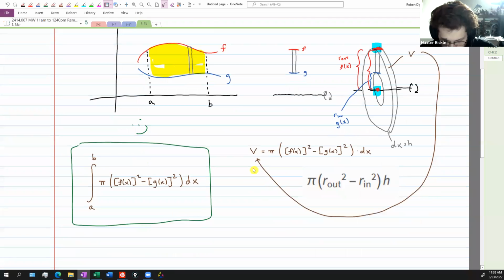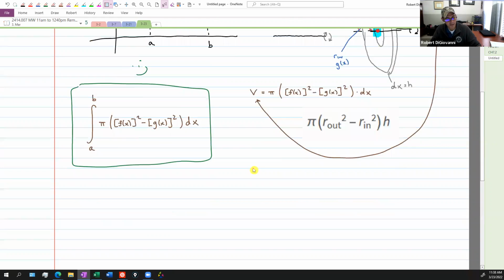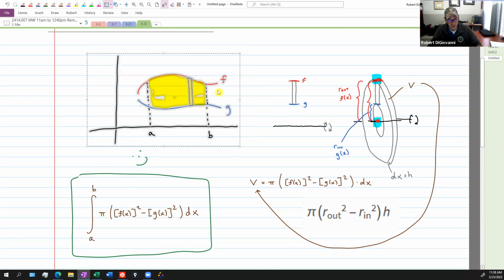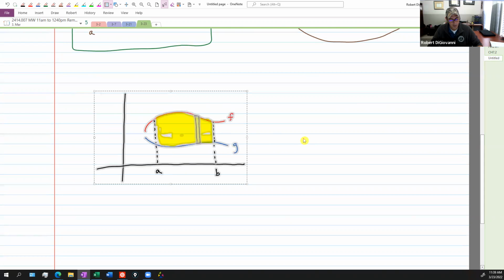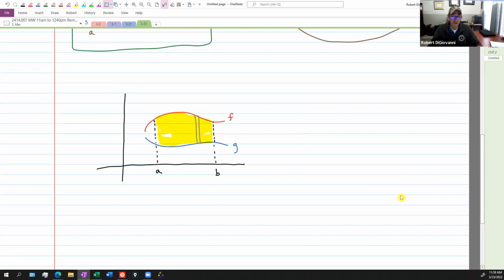Okay, so before I give you that, let me take the same picture. I think I'm going to try and illustrate this now. What if I gave you that same picture, but instead of asking you to rotate it around the x-axis, what if I asked you to rotate it around this horizontal line down here?